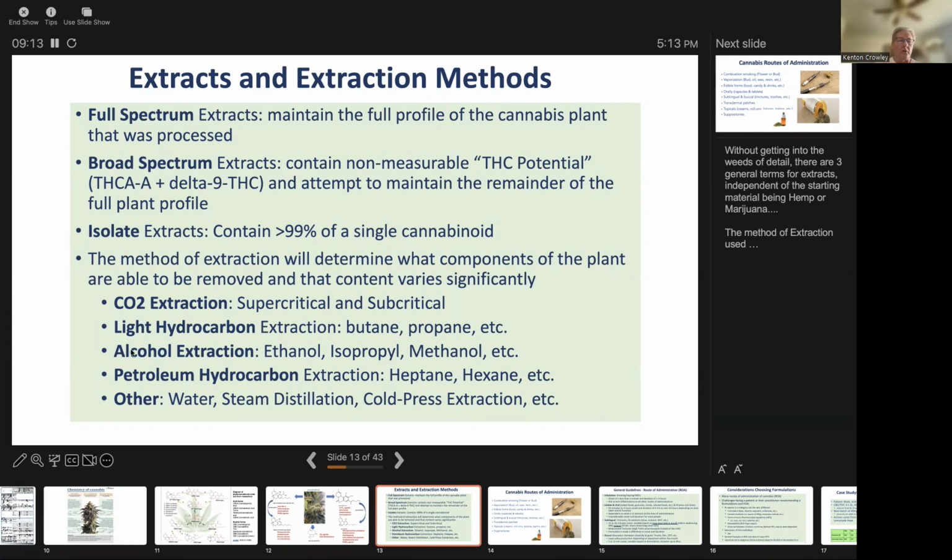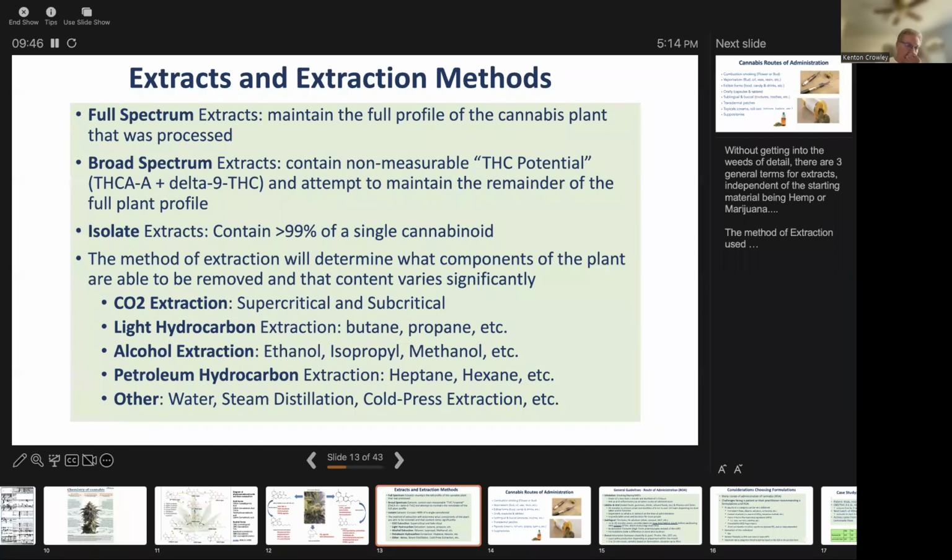But alcohol and different fatty acid solutions are used, as well as some of the old forms, which are water, ice, and steam. And these produce from the same material a very different, sometimes very different, amount and content of phytocannabinoids and terpenes.